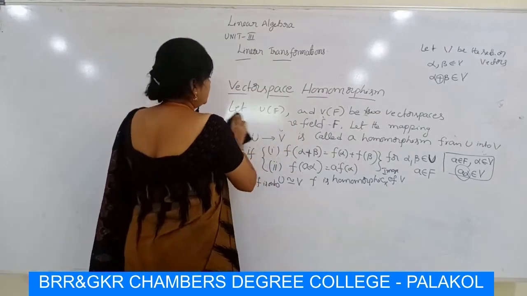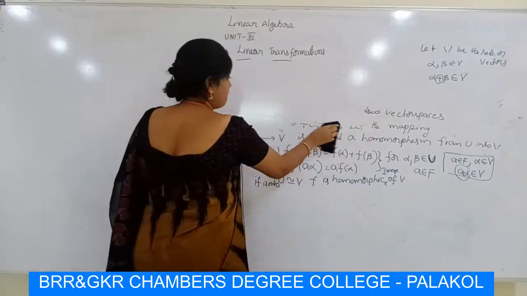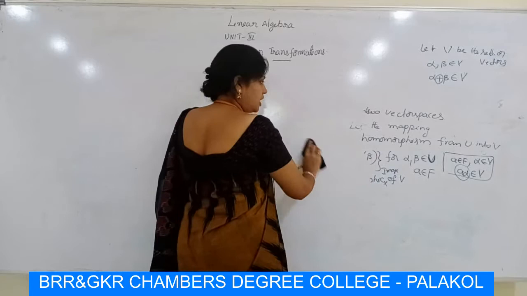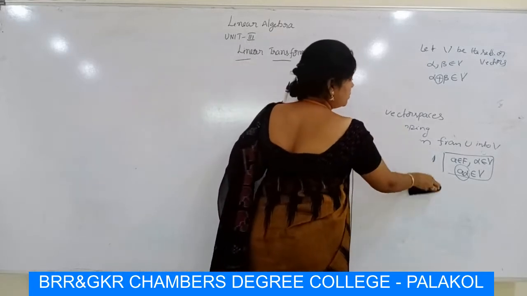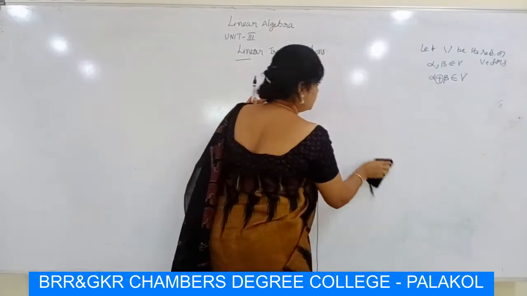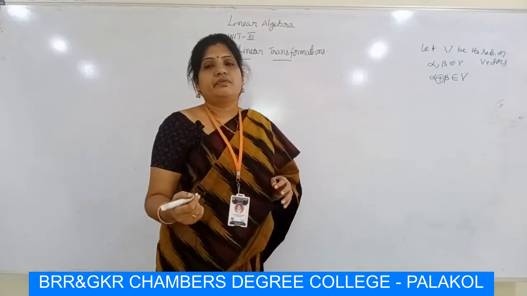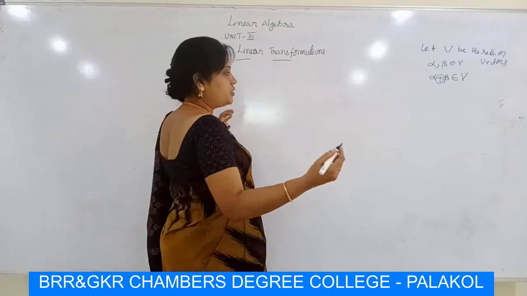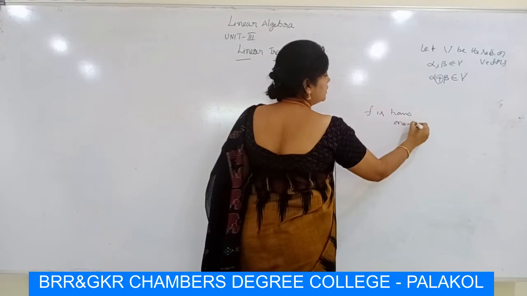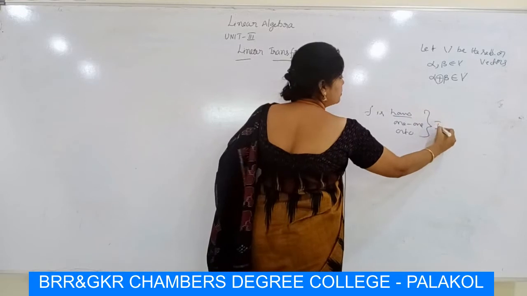Now see the definition. Suppose f is a vector space homomorphism. If f is one-one and onto, then it is called an isomorphism. Homomorphism that is one-one and onto is called isomorphism.